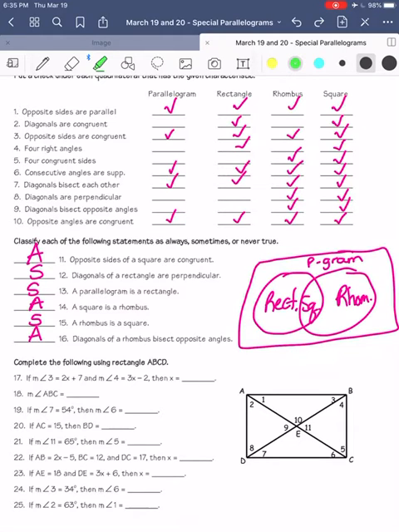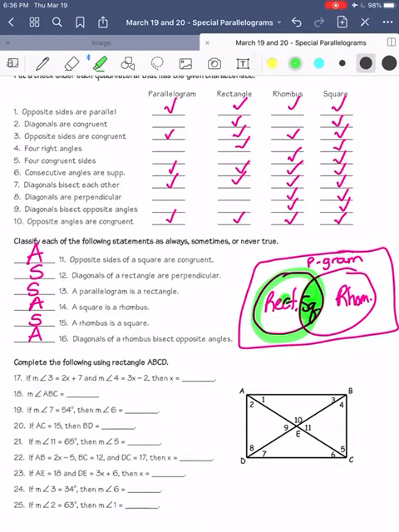All right, the next one, number 2, diagonals of a rectangle are perpendicular. Now, some of you may have said never, because the diagonals of a rectangle are not typically perpendicular, they're typically congruent. So why did I put sometimes? And it's because of this right here. Do you see a square is in the rectangle circle here? You get what I'm saying?